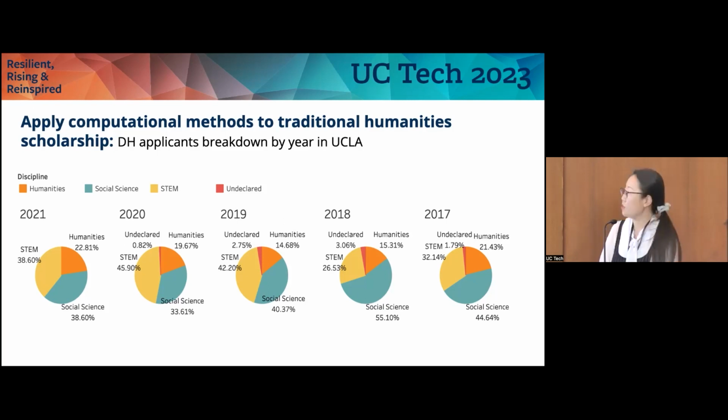You see from these charts that social science and STEM students are actually the major students of this digital humanities minor program. Although this is also because of the smaller total number of humanities students, you see this strong interest of STEM and social science students in digital humanities.